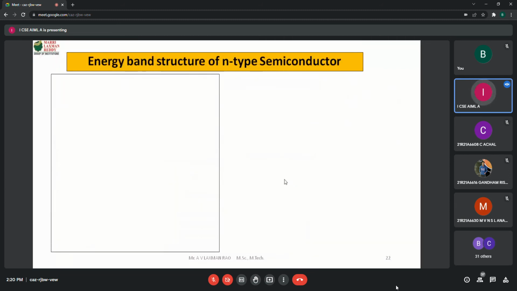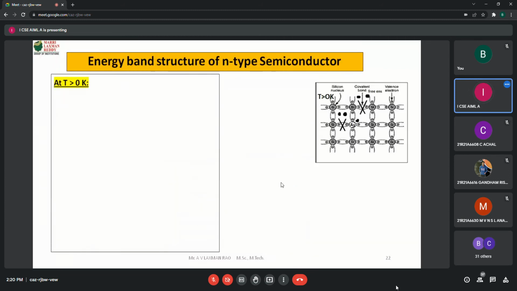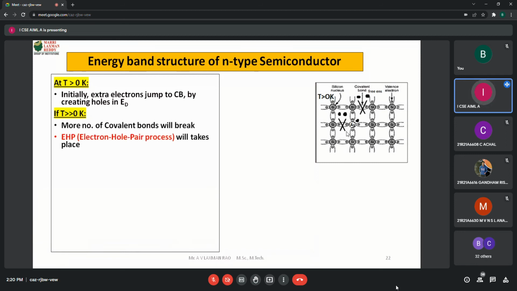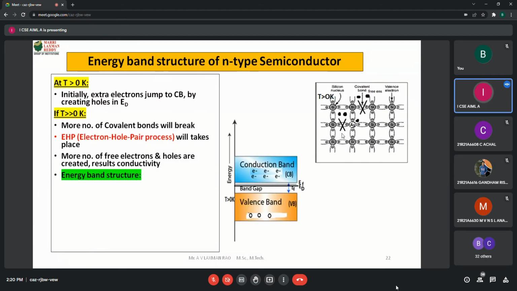Now, when temperature of this n-type semiconducting material is raised, EHP processes take place. Due to the EHP process, charge carriers, electrons and holes, are generated. Initially, when you raise the temperature, after creating the holes, electrons will occupy the ED level.